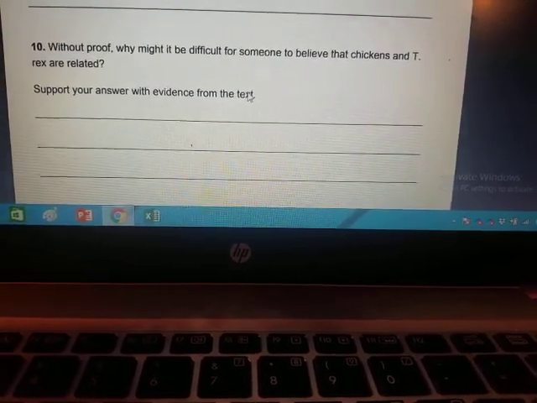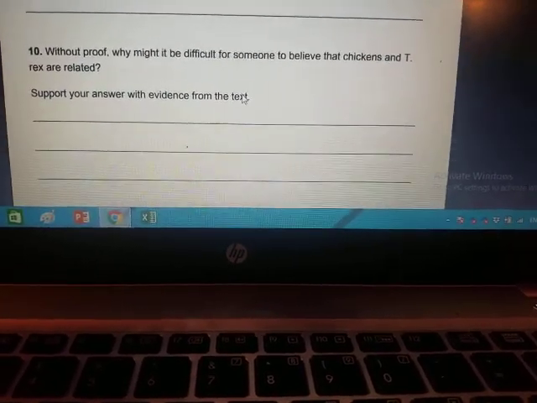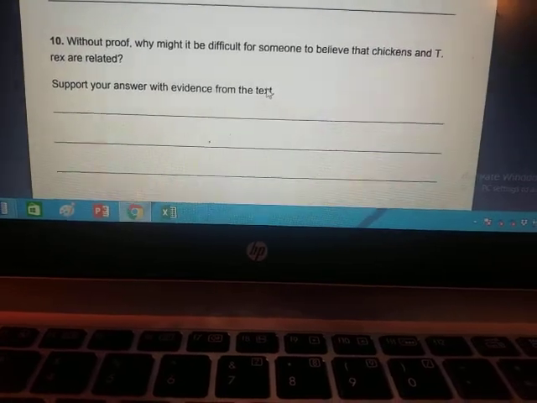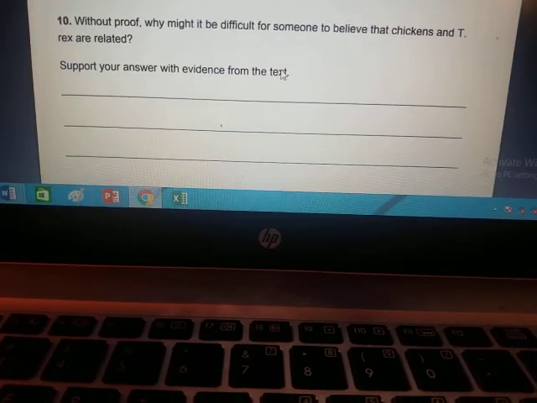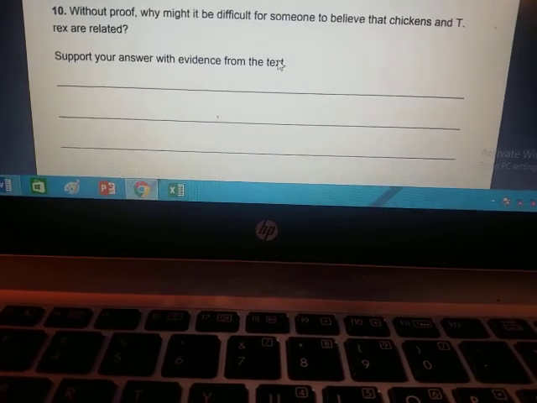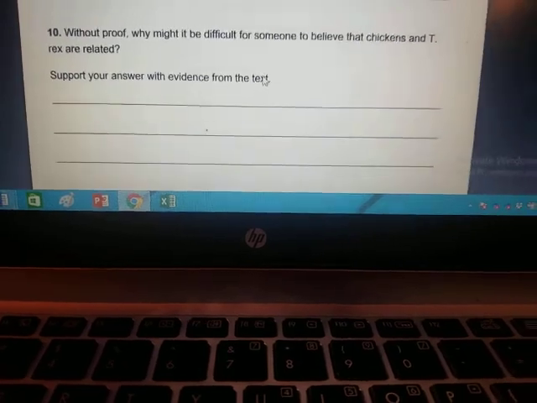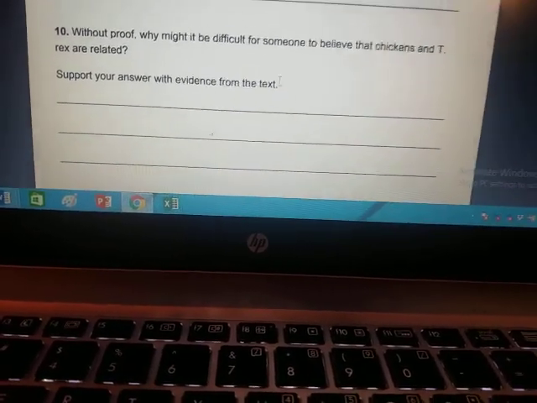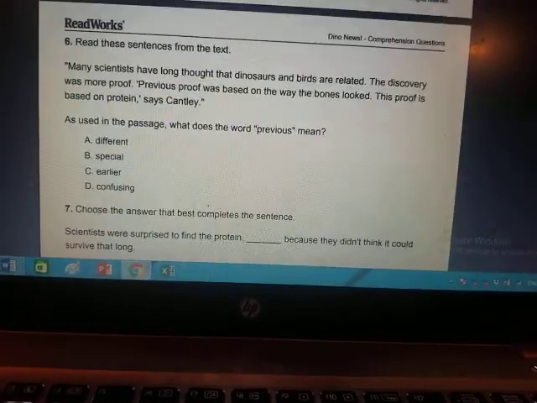or are related? Is it because people will think, wow, well, a chicken is very tiny and a T-Rex is huge. That means they can't be related. All right, so tell me why people would find it really hard to believe that chickens and T-Rex are related. And then you could support your answer with the text by going up to this part.